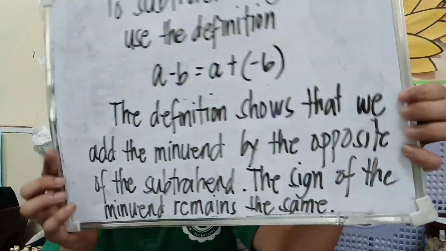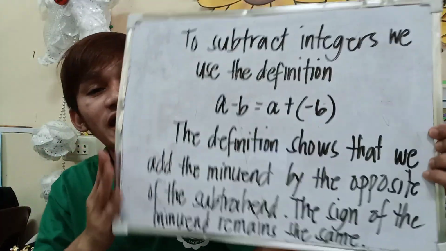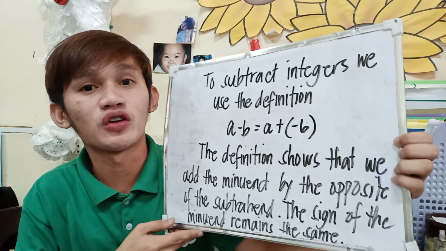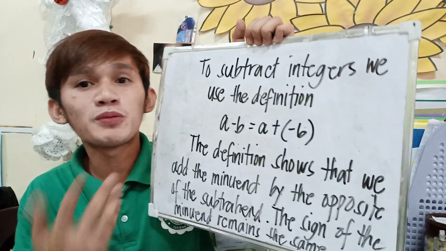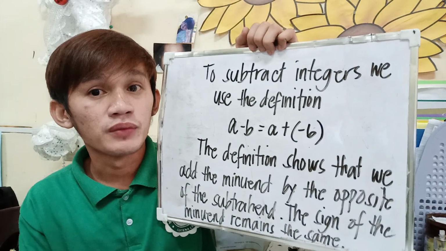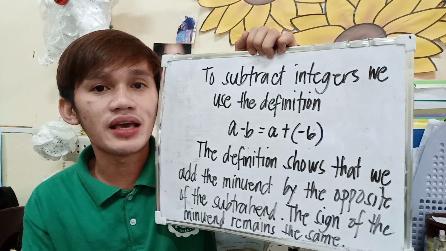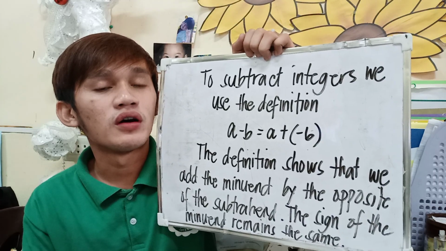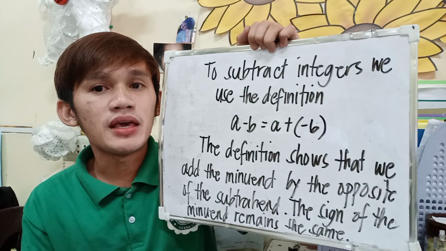This is one of the most important things that you have to be familiar with when it comes to subtraction of integers. To subtract integers, we are actually using this definition: a minus b is equal to a plus the quantity of negative b.